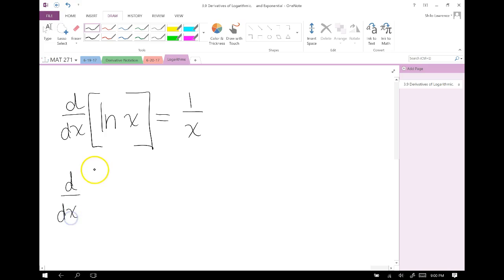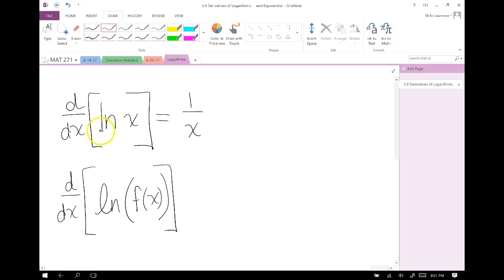So if we put something else inside, and we say we want the derivative for the natural log of some function of x, we're going to still remember that anytime we want to take the derivative of a log, what basically happens here is whatever is inside the log goes into the denominator of a fraction. That's the basic rule for a log. Whatever is inside of the log goes into the denominator of a fraction. That's how we take the derivatives for logs.